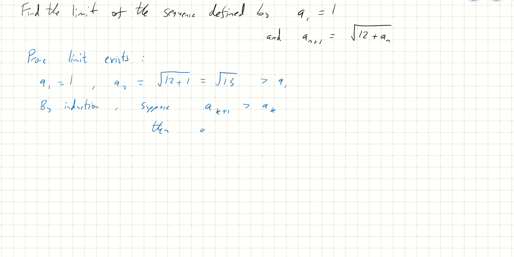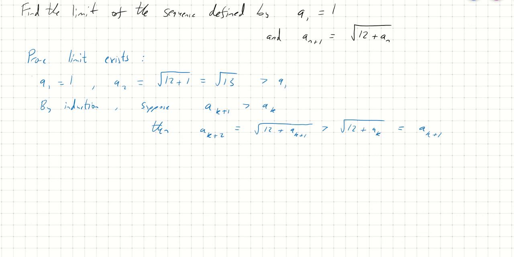Then a(k+2) is equal to the square root of 12 plus a(k+1), which is greater than the square root of 12 plus a(k), since a(k+1) is greater than a(k). And the square root of 12 plus a(k) is just the definition of a(k+1).